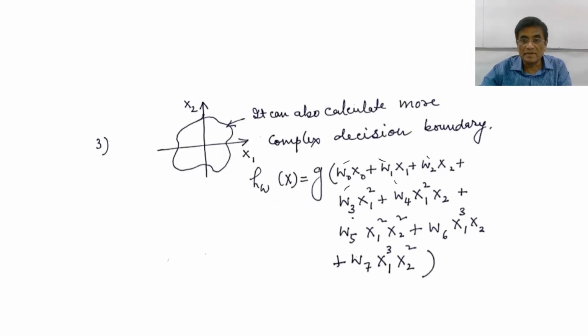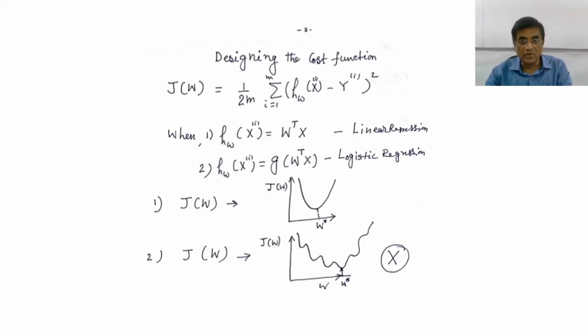For getting these parameters, what do you need? The same old story: you need a cost function, and in the process of minimizing the cost, your parameters will evolve. So let us see how to design the cost function for logistic regression.